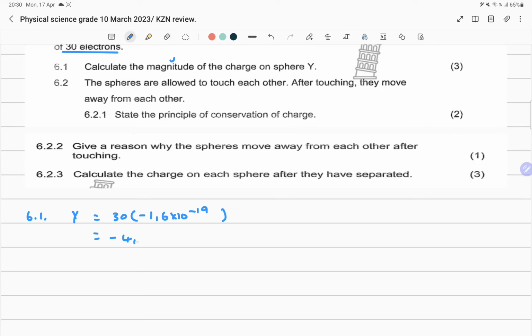And you saw this is minus 4,8 times 10 to the minus 18 coulombs of charge. Maybe let's write it properly. So the charge on Y is like that.